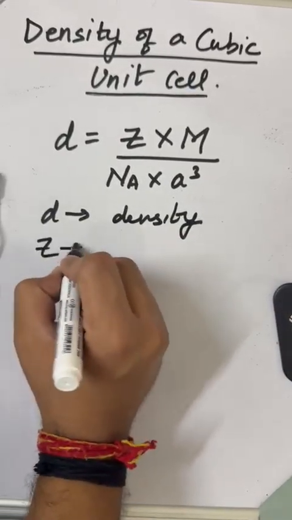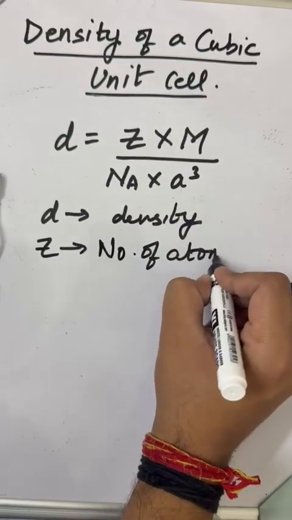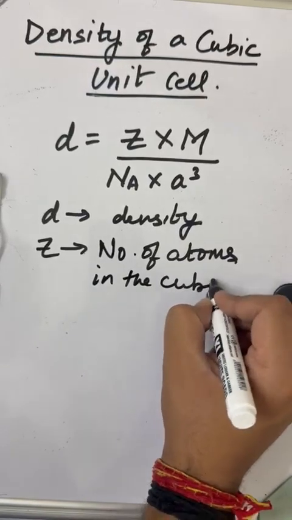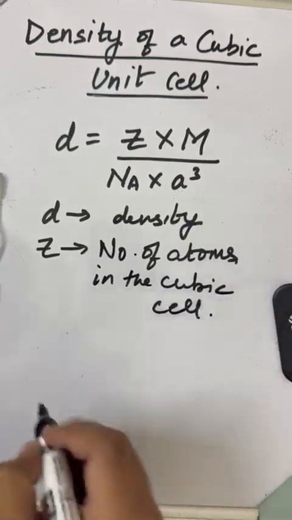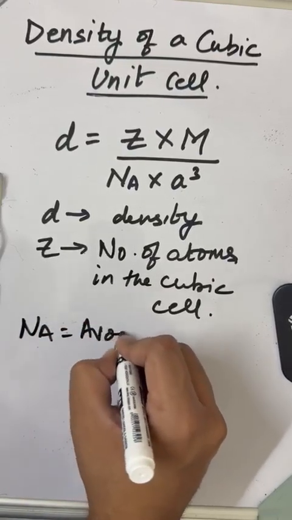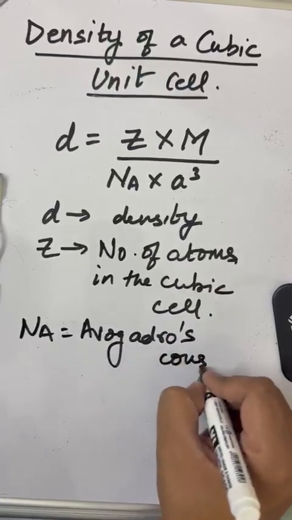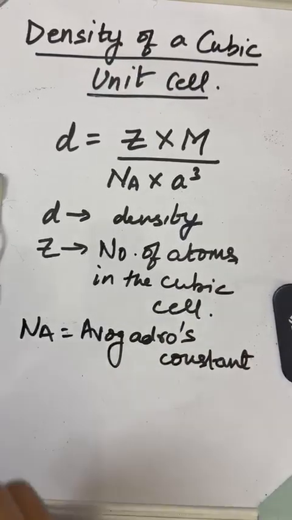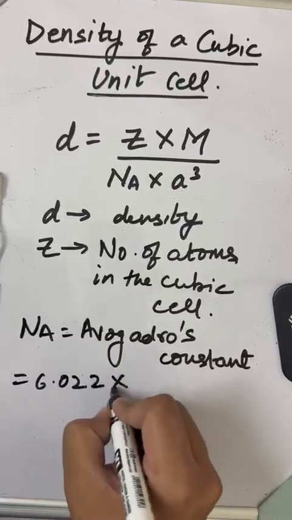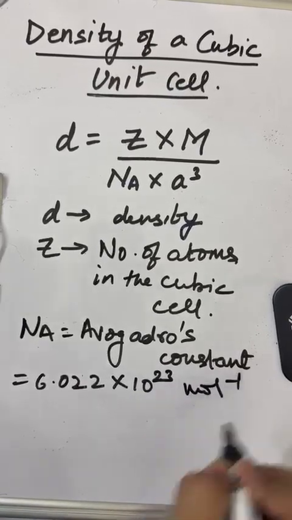Z is nothing but the number of atoms in the cubic cell. Na is Avogadro's constant, the value of which is 6.022 multiplied by 10 to the power of 23 per mole.